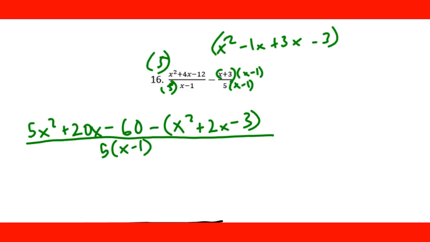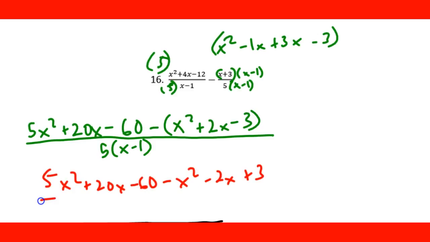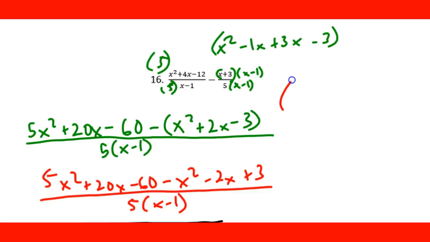Now we need to distribute the negative. So it gives us 5x squared plus 20x minus 60 minus x squared minus 2x plus 3. Now, combine like terms at the top.